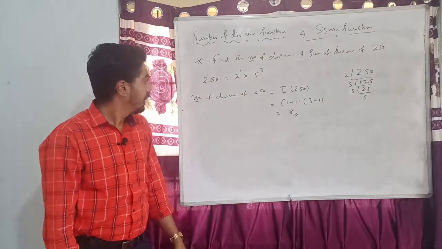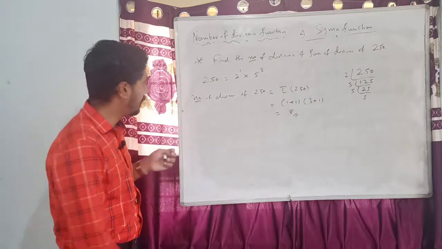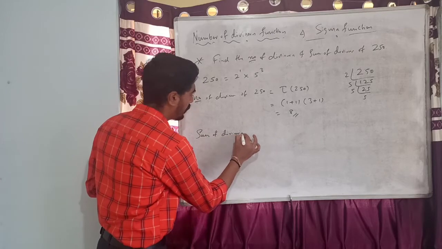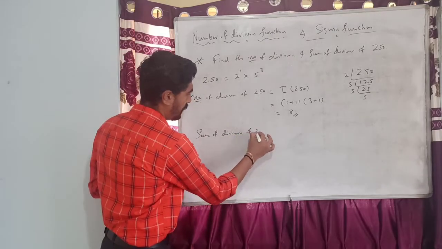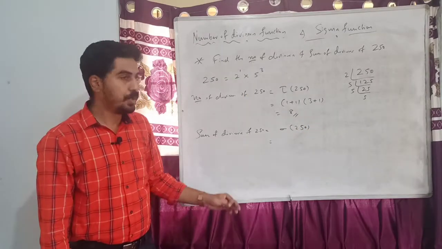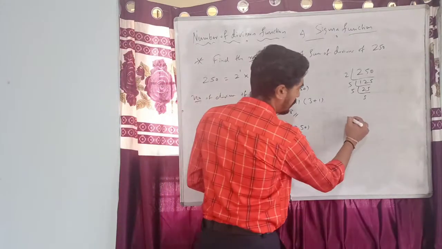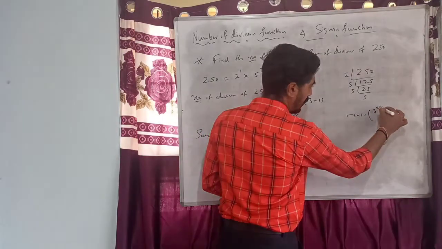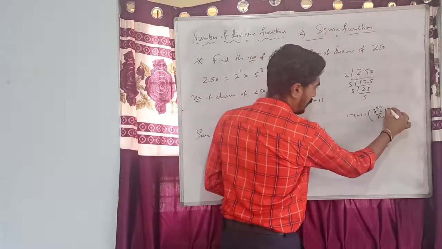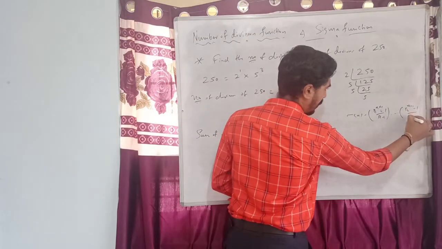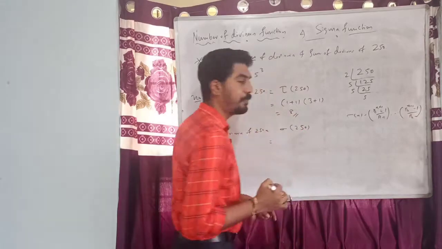Okay. Similarly, to find out sum of divisors of 250, which is sigma of 250, I use the formula of sigma of n, which is p1 power alpha 1 plus 1 minus 1 divided by p1 minus 1, etc., pk power alpha k plus 1 minus 1 divided by pk minus 1. Okay.